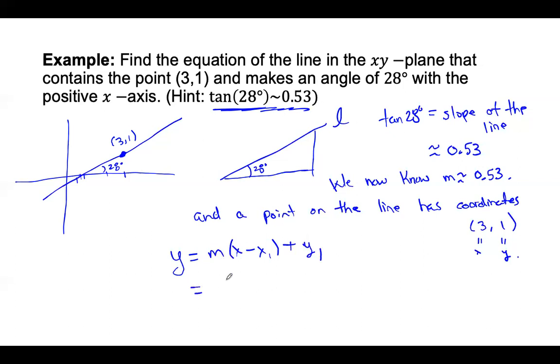We know the slope. So this is approximately equal to 0.53 times x minus 3, plus that 1. And we can just compute this and we get our answer.